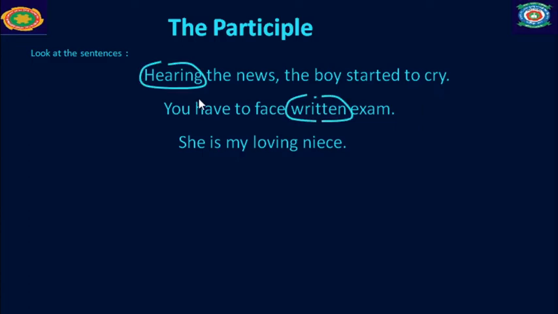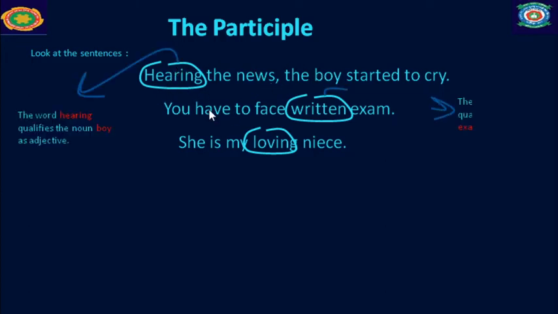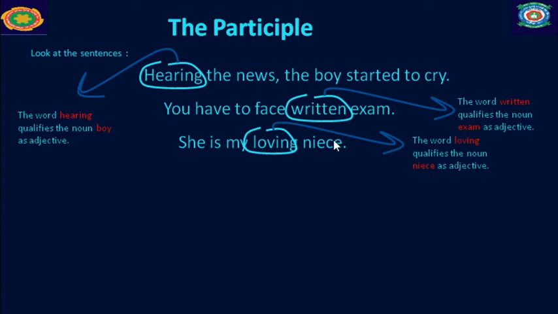Here hearing is an adjective because it's qualifying the noun, the boy. You have to face a written exam. Here also written is an adjective and it's qualifying the noun exam. So it is participle. Next, she is my loving niece. This is participle.